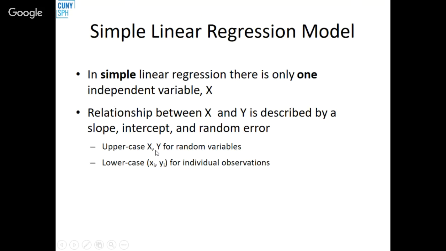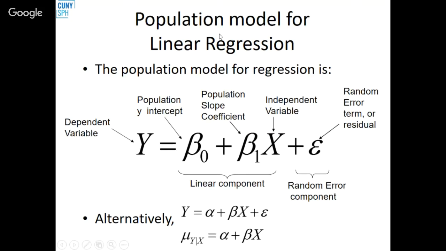I use uppercase X and Y for random variables and lowercase with subscripts for the individual observations. Writing out this simple linear regression model, we've got our dependent variable Y, which is decomposed as an intercept, this is for the population, plus a slope times the independent variable, and then the random error term for the residual.